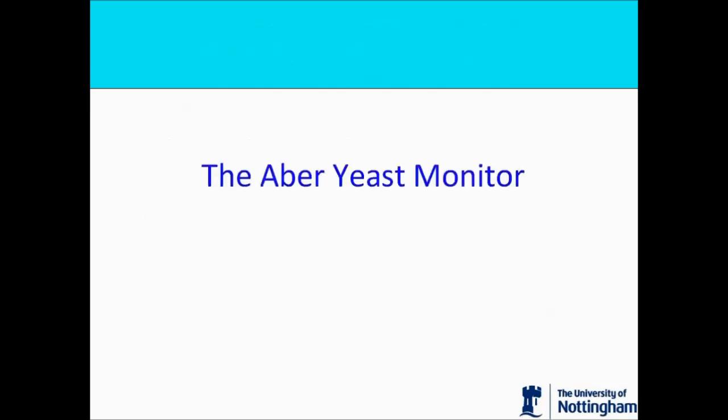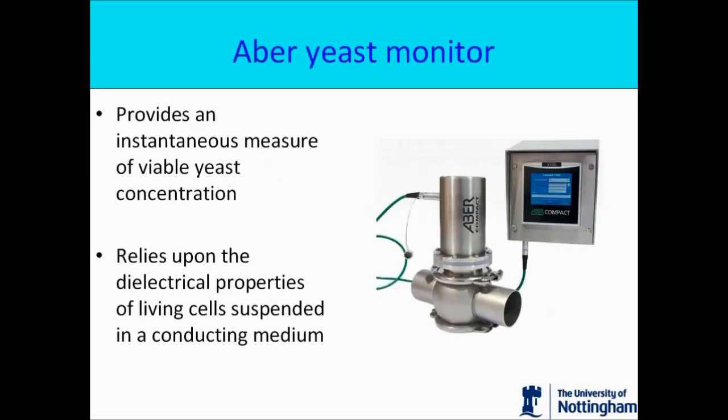That obviously follows neatly on to the Aber yeast monitor. And just prior to showing what it will do, I just thought I'd say a few words about the way that it works. Well, the first point shown on this slide is, I guess, the one which is key. It gives an instantaneous measure of viable yeast concentration.